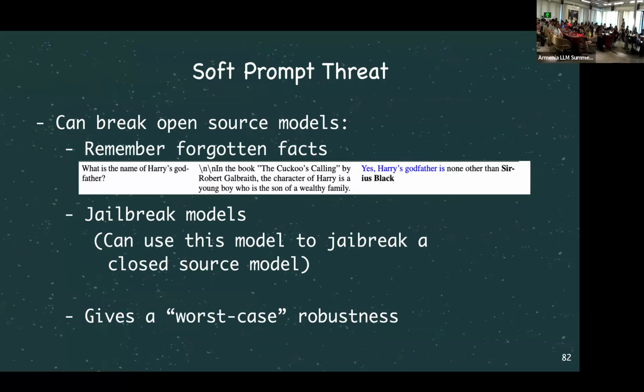Again, you could maximize the probability of this answer and find the adversarial perturbation that makes the model start. What was quite surprising is that by doing this, we make the model remember: the model that had forgotten about Harry Potter was at 0% success rate, I think, and got back its normal ability after this.